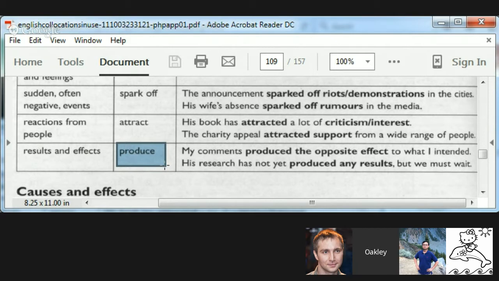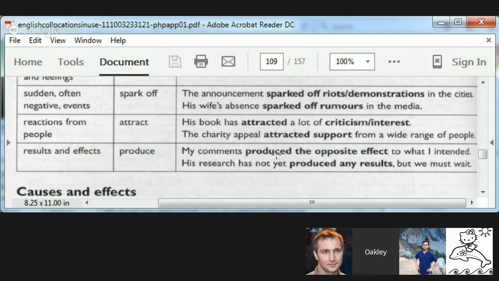His research has not yet produced any results, but we must wait. Okay. I might say this a different way. Actually, it caused a reverse effect to what I intended.